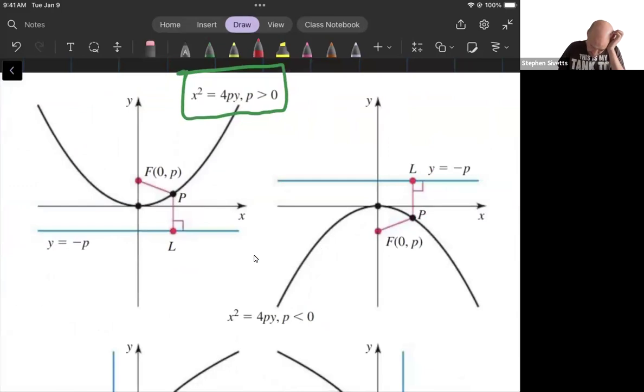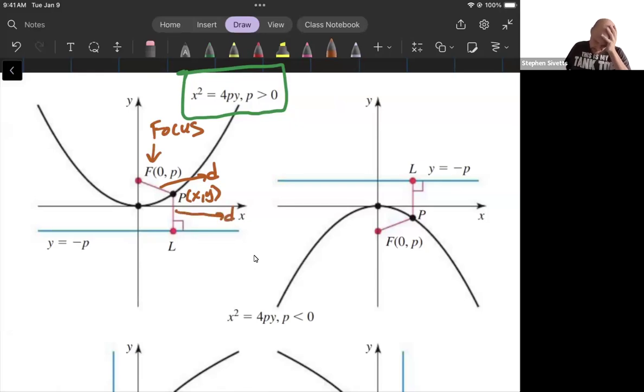so if I zoom in here, this is the focus, right? So the distance between this focus and any point on the parabola will equal this distance right here.